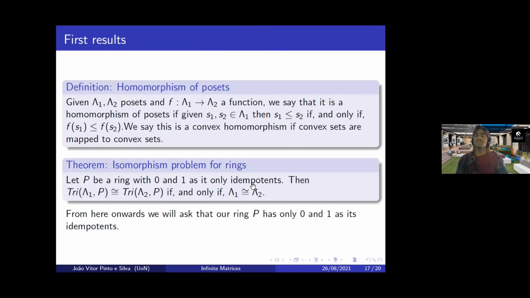And from here onwards, because most of the results that I proved about the duality, I'm trying to maintain this structure that we have of idempotents being related to the poset structure. So we will still ask that P has only 0 and 1 as its idempotents.